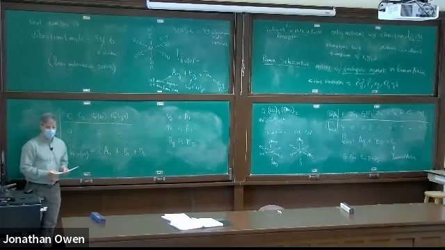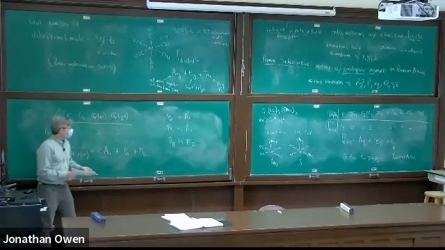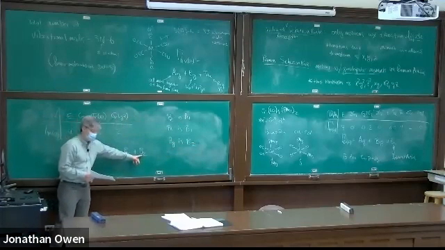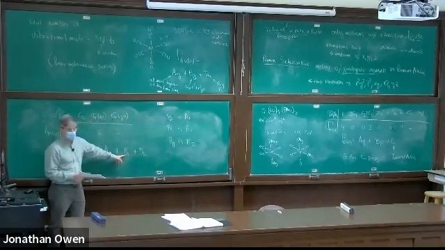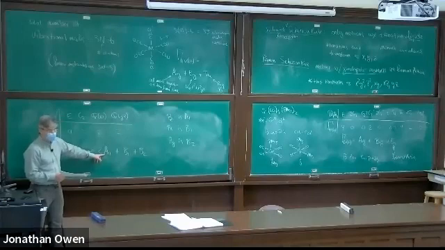So how many infrared active modes do we have here? Well, this is py-like, so that's definitely active. This is px-like, so that's definitely inactive. These two are both pz-like, so they are both active.